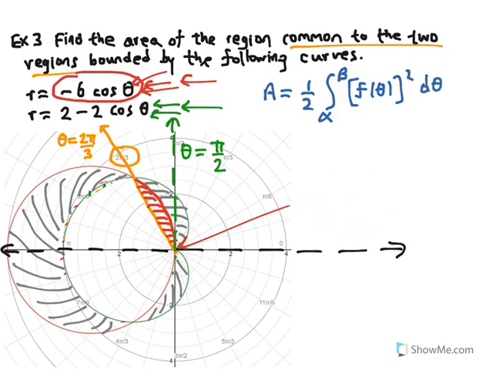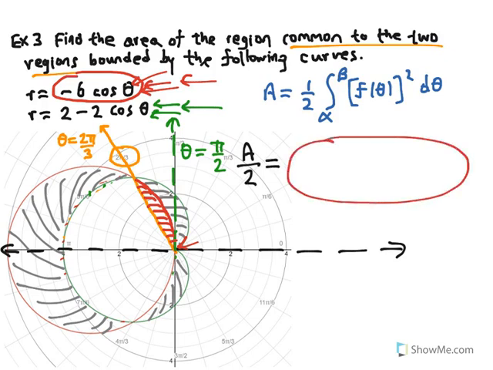So what you need for the red region, and by the way, this is going to give you only half of the area, and of course, here's what we need to do. So to find half of the area, or area divided by 2, we need the area of the red region, and we need to add to that the area of the blue region.